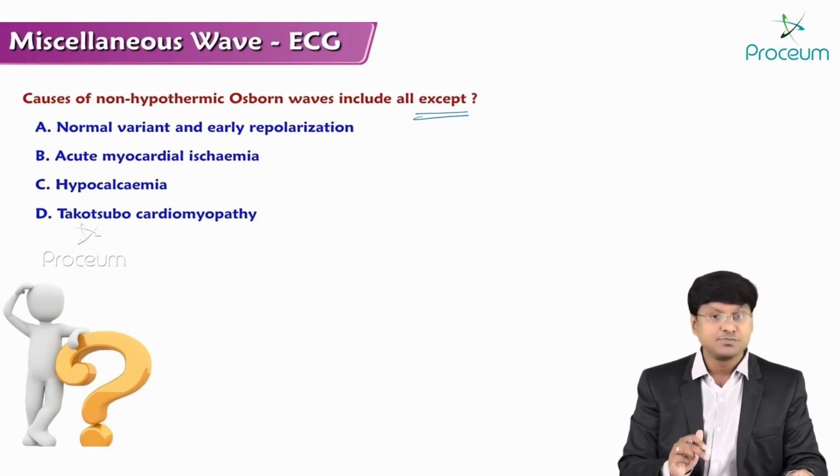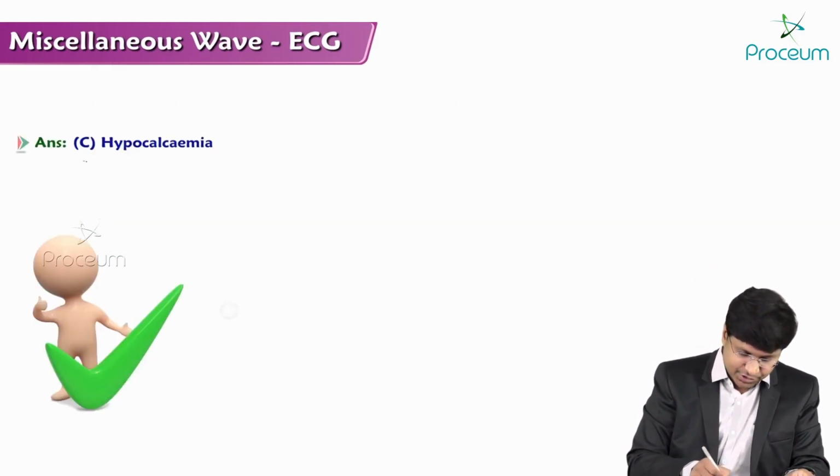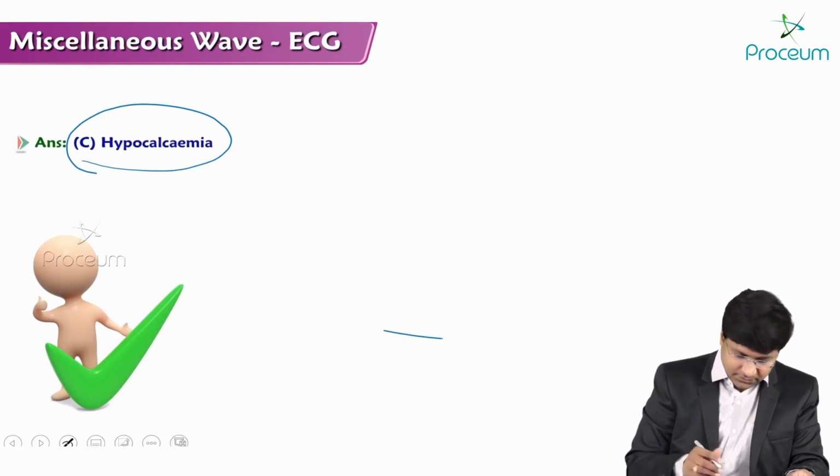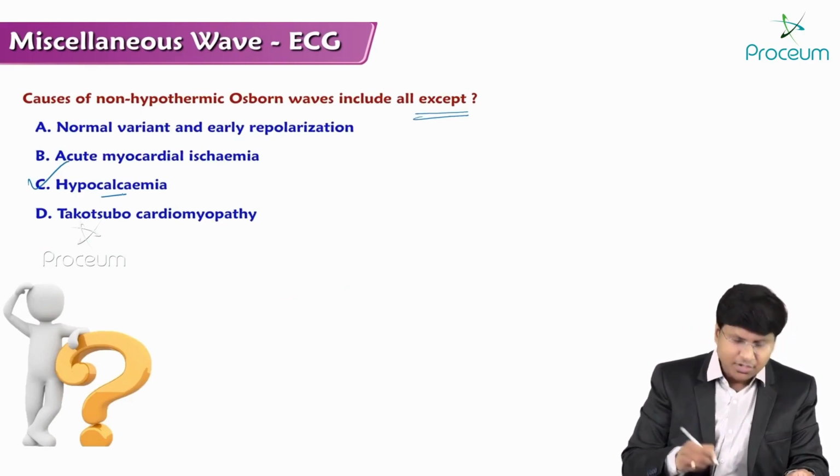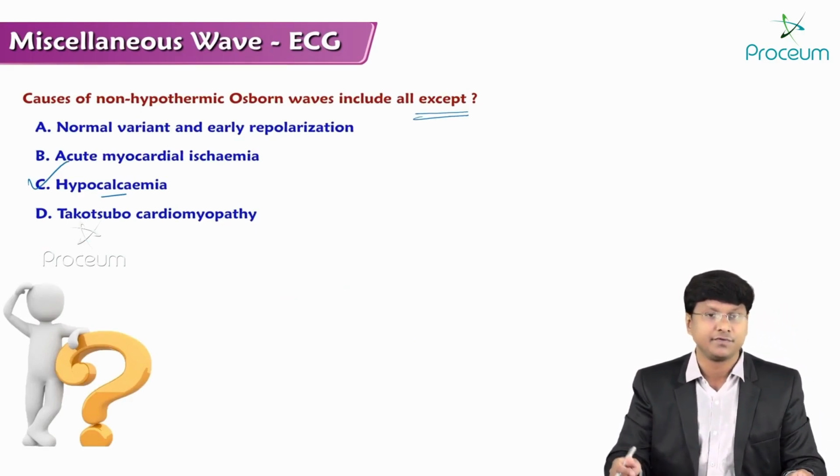Remember, the Osborne wave is not seen in patients with hypocalcemia, that is your third option. In the remaining conditions, you have the Osborne wave or J wave.